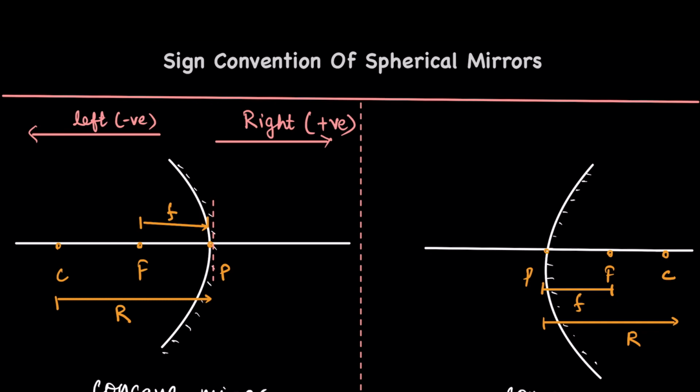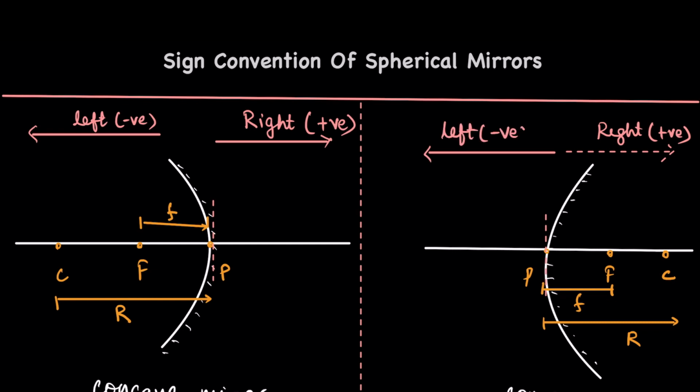With respect to pole, we divide left and right. Same way in the convex mirror, here is the pole. This side is the right side, so it is considered as positive, and this is the left side. It is considered as negative. Same way, with respect to the principal axis, this is our principal axis.